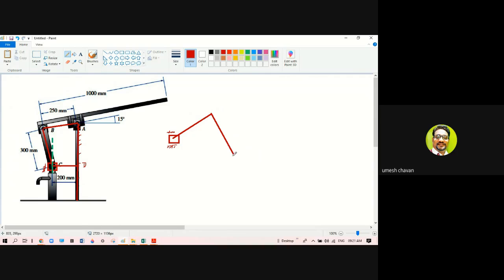Now your crank is here, and this dimension.